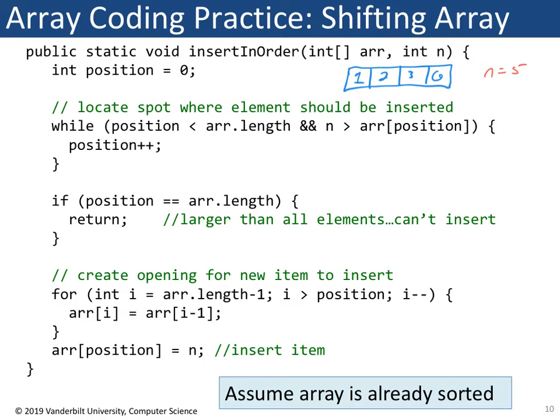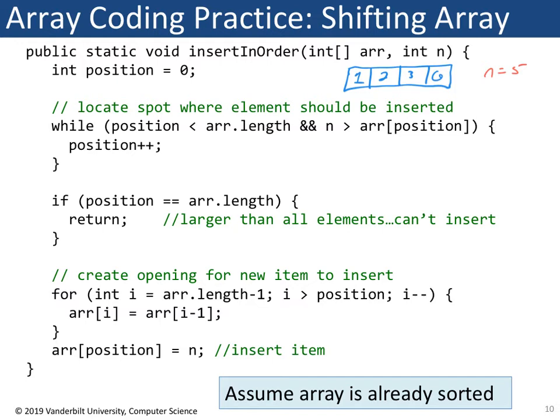Is that less than the length of 4? Yes. So that's okay. Is n greater than the element stored in index 0? Yes. 5 is greater than 1. Okay. Position equals 1. Is that less than array length? Yes. Because the array length again is 4. So yes, 1 is less than 4. Is 5 greater than 2? Yes.